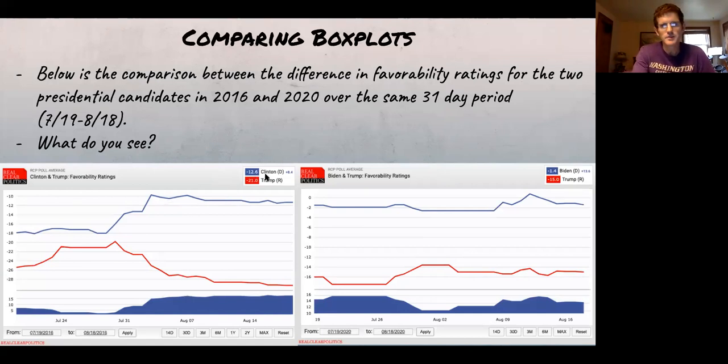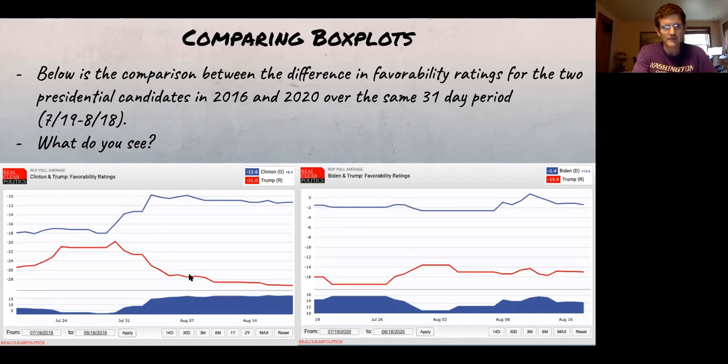So X% of people liked Hillary Clinton on any given day based on polling, and X% disliked her. And when you get the difference between those, you're going to get a net favorability. So in this case, 18% more people disliked her than liked her. On this day, about 10% more disliked her than liked her.